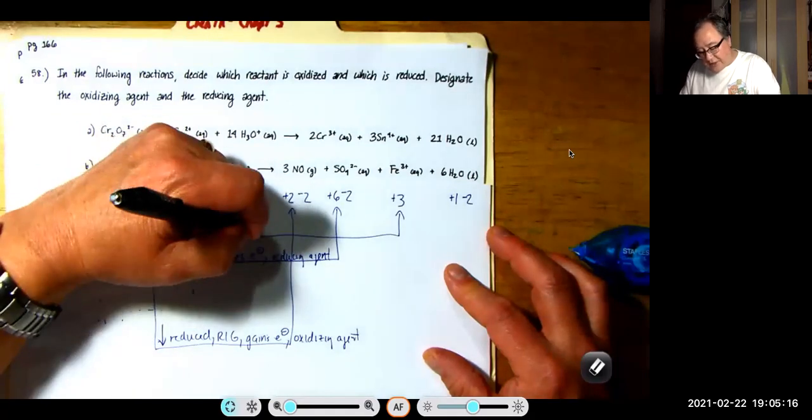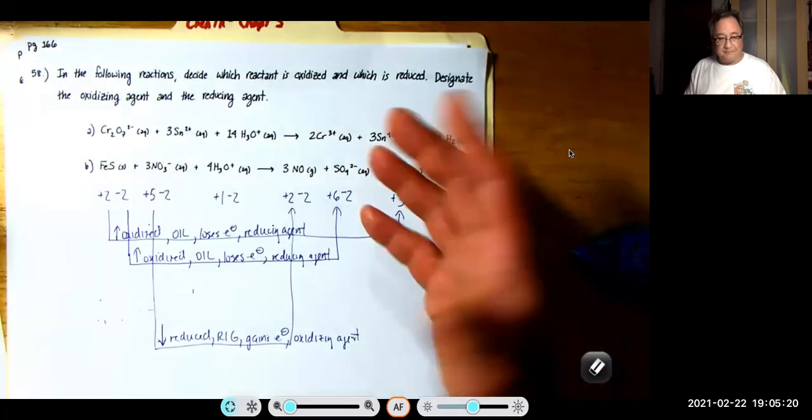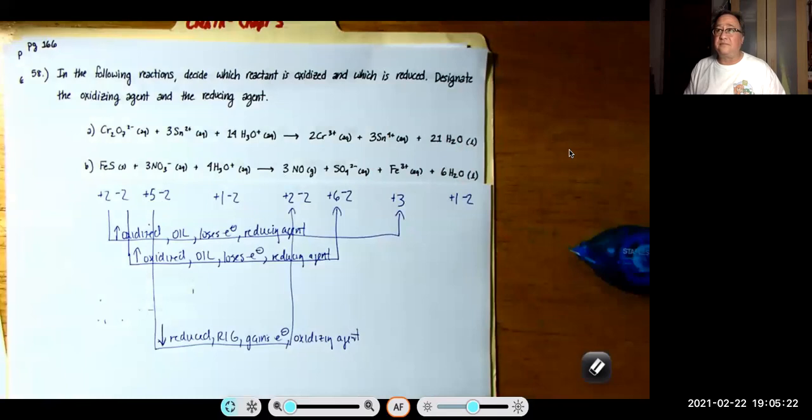So we have 2 reducing agents in this particular problem. Any questions on this second one?